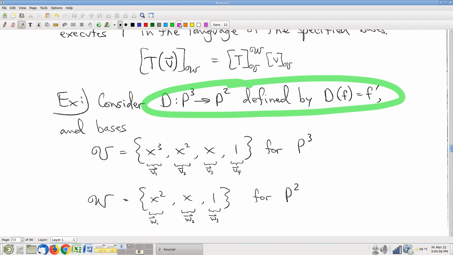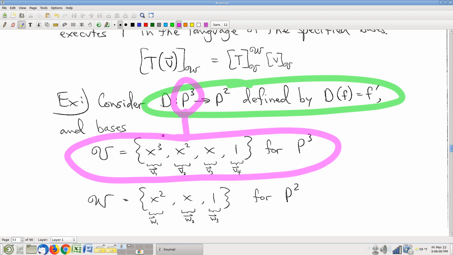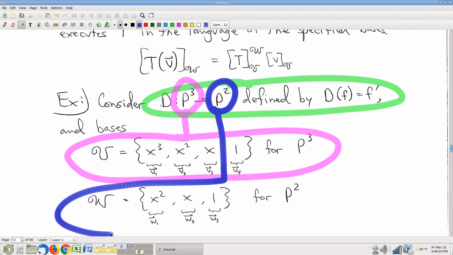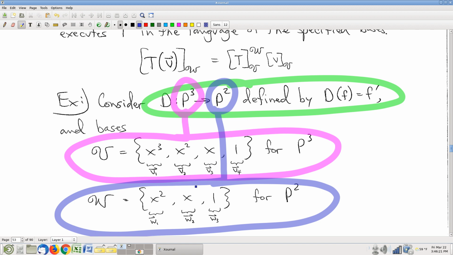Okay, so I'm going to have to pick a basis for my domain. Here's the basis I'm going to pick. There are, of course, many bases. I picked this one mostly out of convenience, arbitrarily. You could pick a different basis, and all the subsequent details in the example would be different. Likewise, in the target, I have to pick a basis, and I'm going to pick this basis for the target.